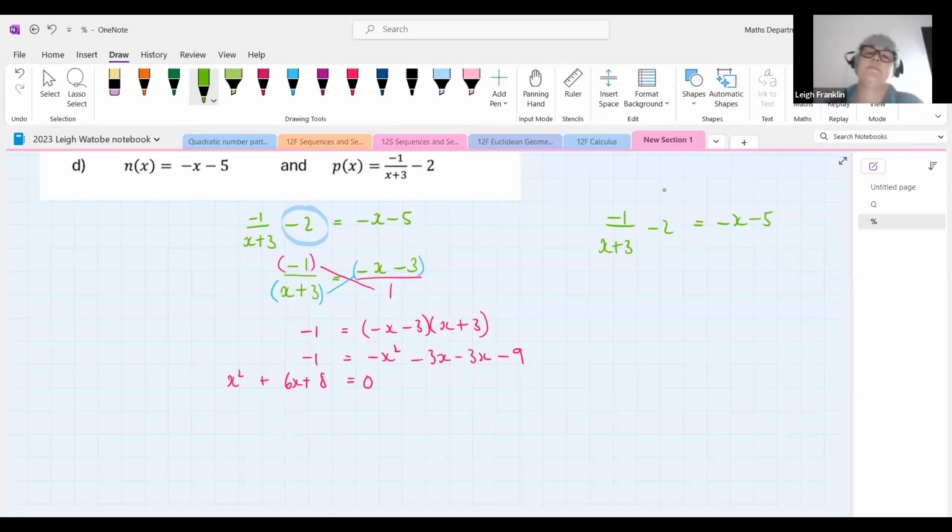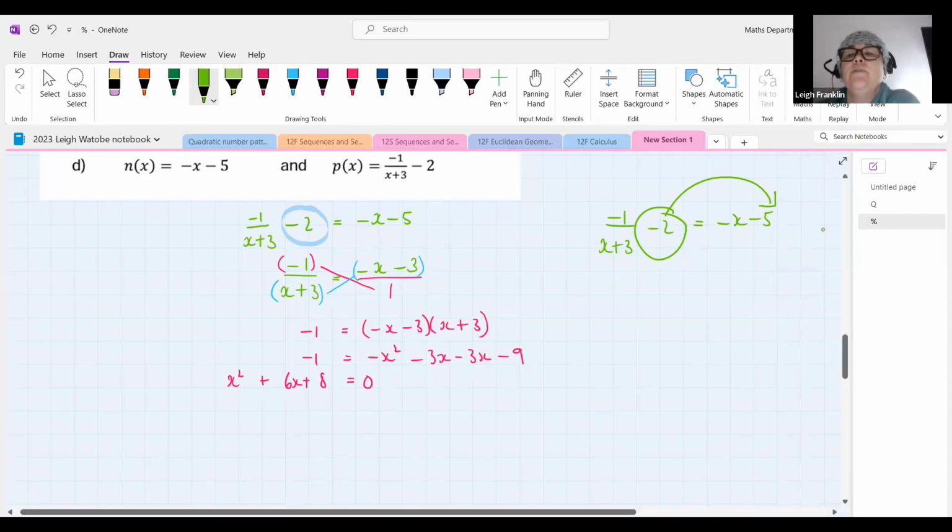You cannot cross multiply here because of this -2. That's why you've got to take that over to the other side. So you can only cross multiply when you have a fraction equals a fraction. If there are additional terms next to the fractions, you can't cross multiply. So that's why you take that -2 over.